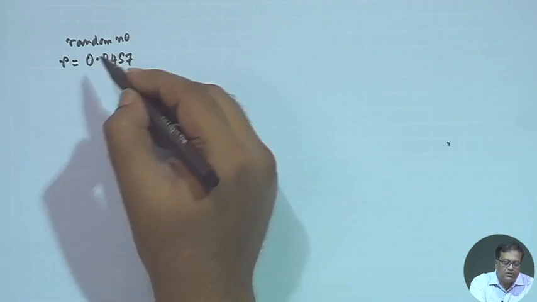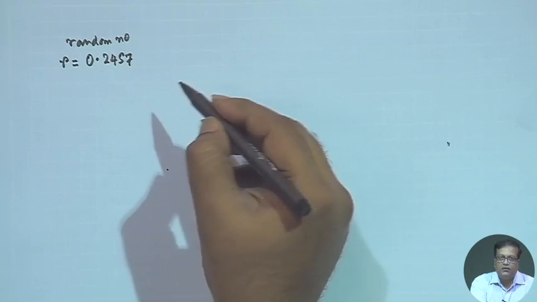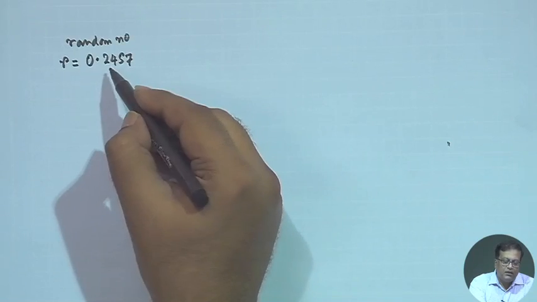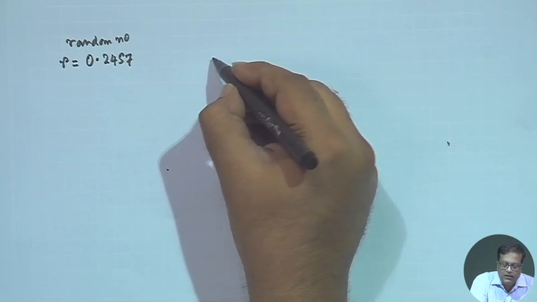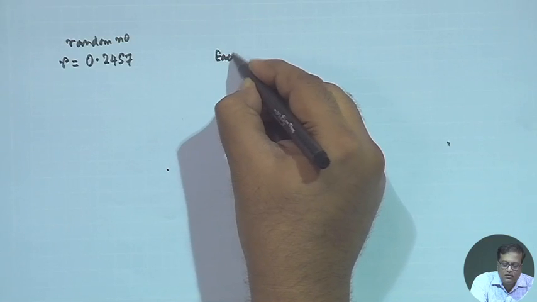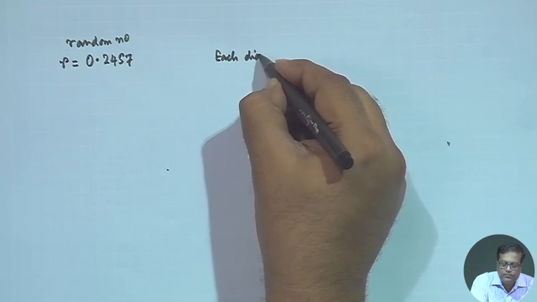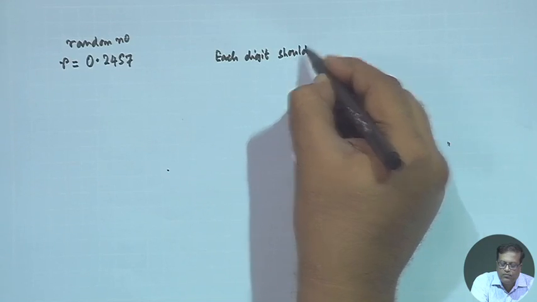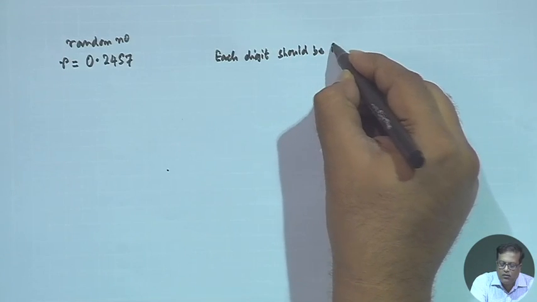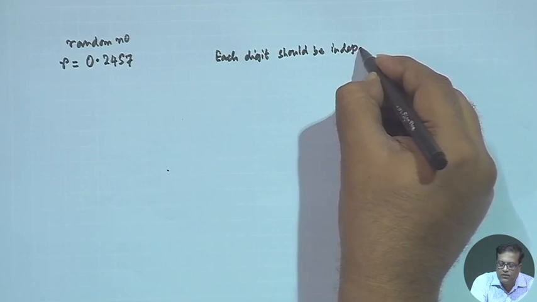Now you see there are 4 digits here, 2457. First of all, each digit should be independently chosen.